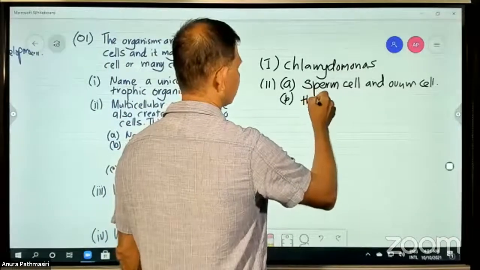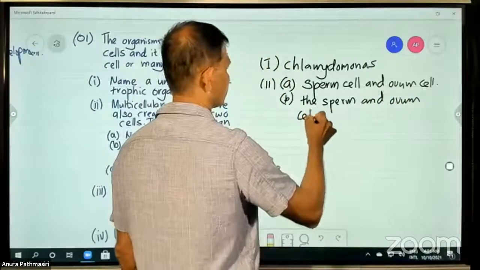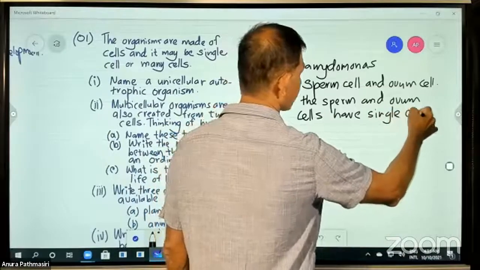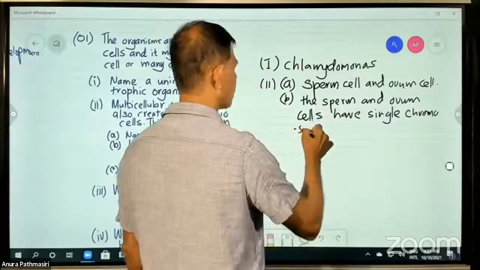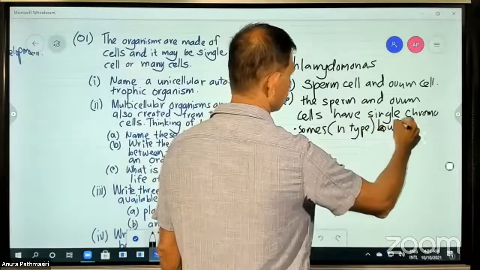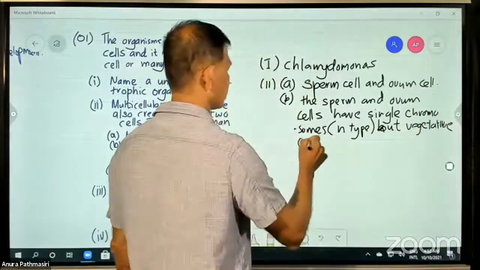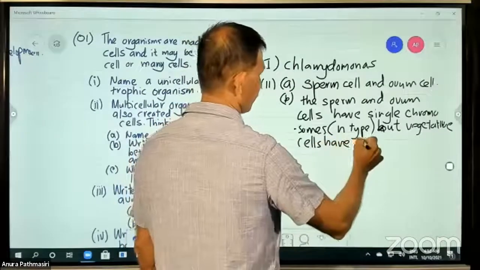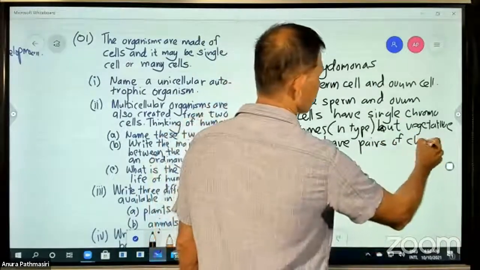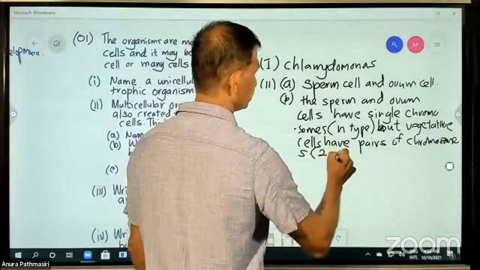The sperm and ovum cells have single chromosomes, within bracket N type, but vegetative cells have pairs of chromosomes, 2N.